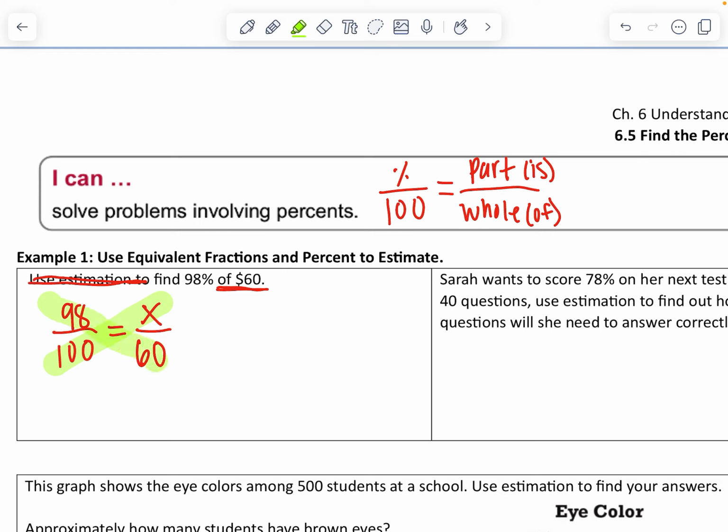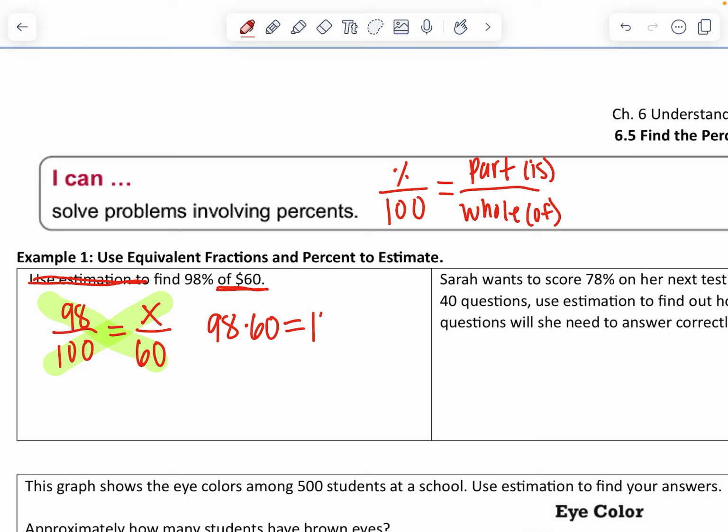I highlight to make it easier for you guys. You can circle. Essentially, we're going to be multiplying what's diagonal from each other. So 98 and 60 are diagonal from each other. So that's going to be 98 times 60 equals, and then 100 and X are diagonal from each other, so we're going to multiply those.